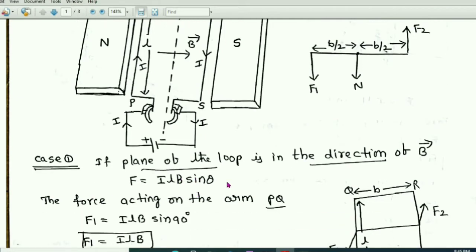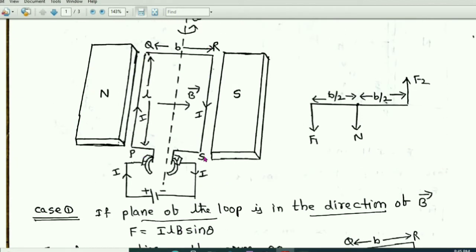Now, if you observe this rectangular loop, the arms PS and QR are in the same direction as the magnetic field. QR is in the same direction as the magnetic field and PS also. So in this case, the angle theta between the length and the magnetic field is 0 degrees.